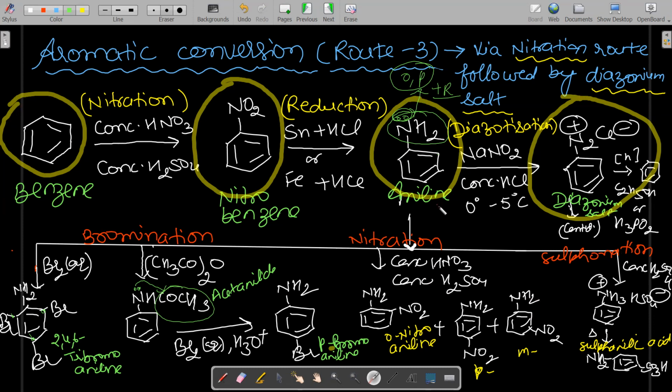Similarly, the next reaction of aniline is sulfonation. In this reaction, aniline reacts with conc.